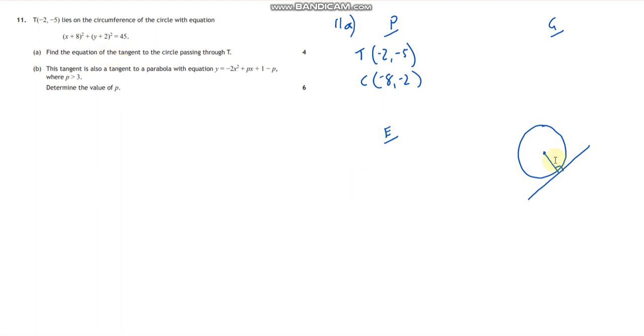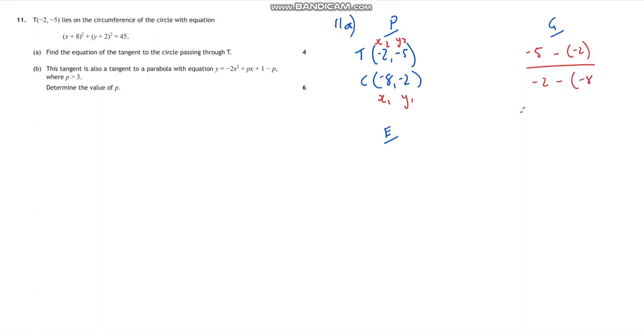And then I'm going to work out this gradient here and then flip it and change the sign for the perpendicular gradient. That's what I'm looking to get for my straight line. So the gradient, y2 take away y1, and I'll just label them up, just so I don't get confused, divided by x2 take away x1.